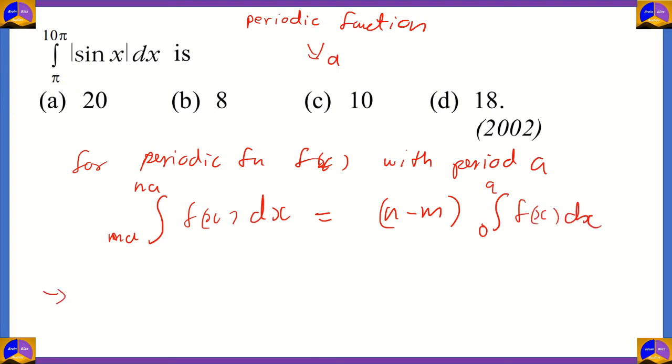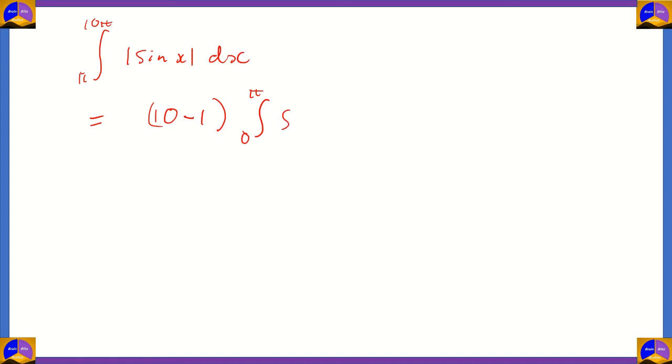So using this property, f of x is mod sine x, and the period of mod sine x is equal to pi. Therefore the above question, the integral from pi to 10 pi of mod sine x dx, can be written as 10 minus 1 times the integral from 0 to pi of mod sine x dx.